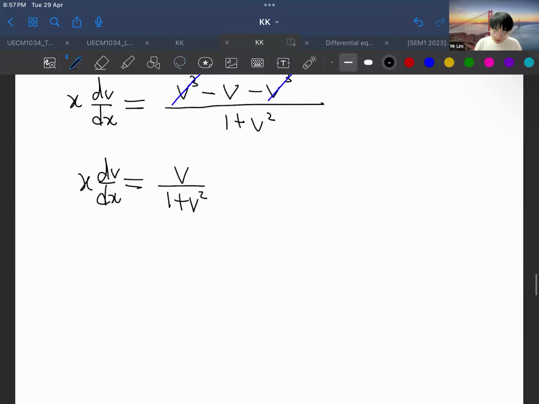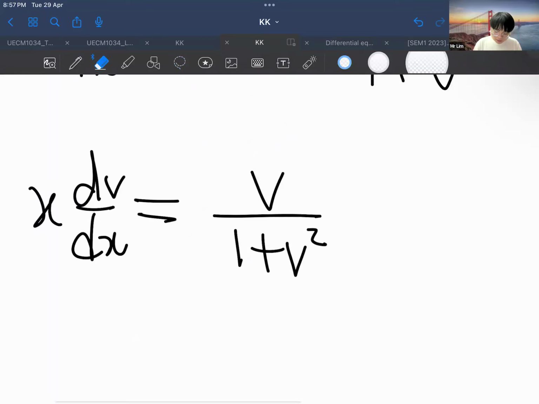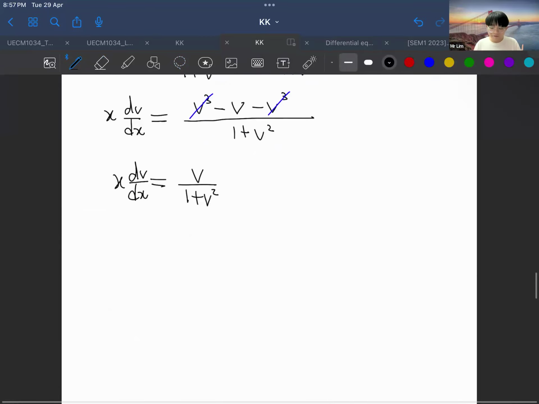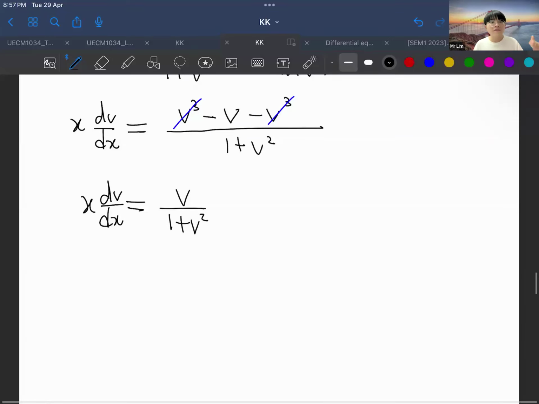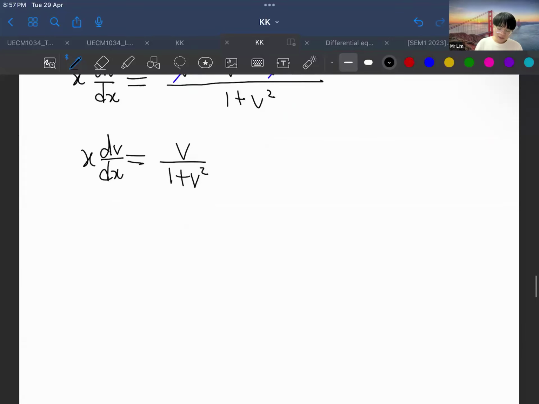Okay. I just try to help with what I think you might face most difficulty with lah. Okay, so this one is already separable equations. So we use the method of separable lah. dv will remain here, dx we go to the other side. If you understand, good. Don't understand, never mind.